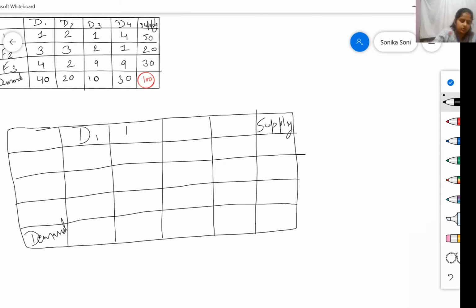Here as usual, destination 1, destination 2, destination 3 and destination 4, and factory 1, factory 2 and factory 3.